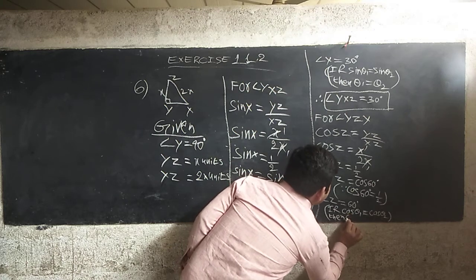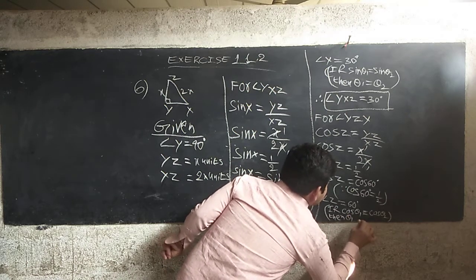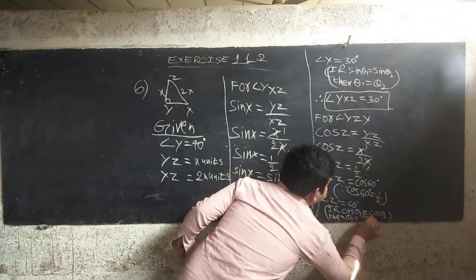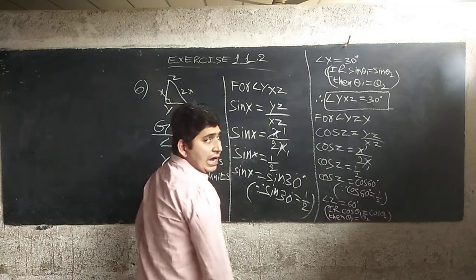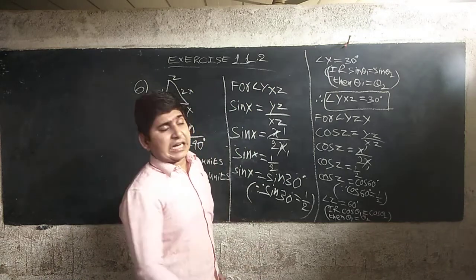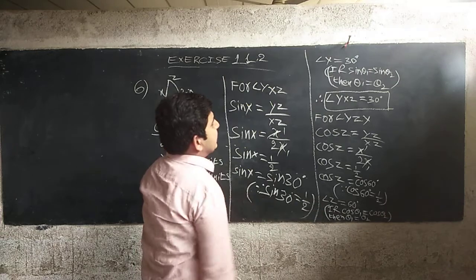We write here: if cos theta 1 equals cos theta 2, then theta 1 equals theta 2. So angle z equals 60 degrees.